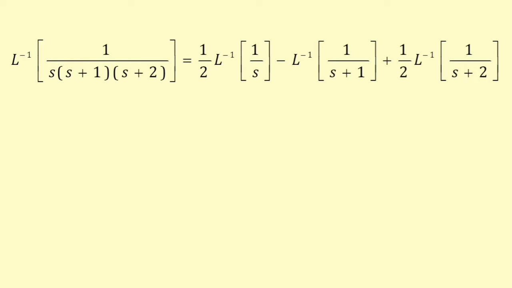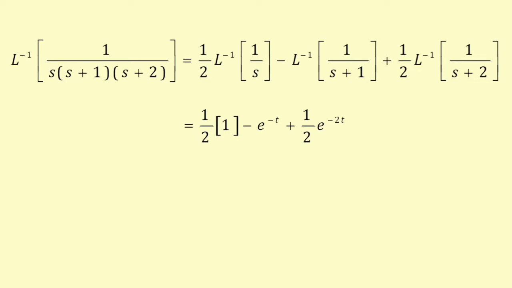Now taking L inverse on both the sides, we get 1/2 L inverse of 1/s minus L inverse of 1/(s+1) plus 1/2 L inverse of 1/(s+2). Now we know that L inverse of 1/s is 1. So 1/2 into 1, minus L inverse of 1/(s+1) is e power minus t, that is of the form L inverse of 1/(s+a).